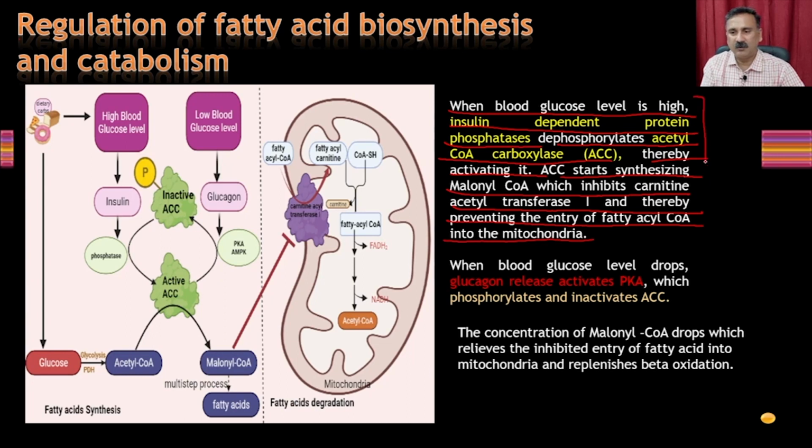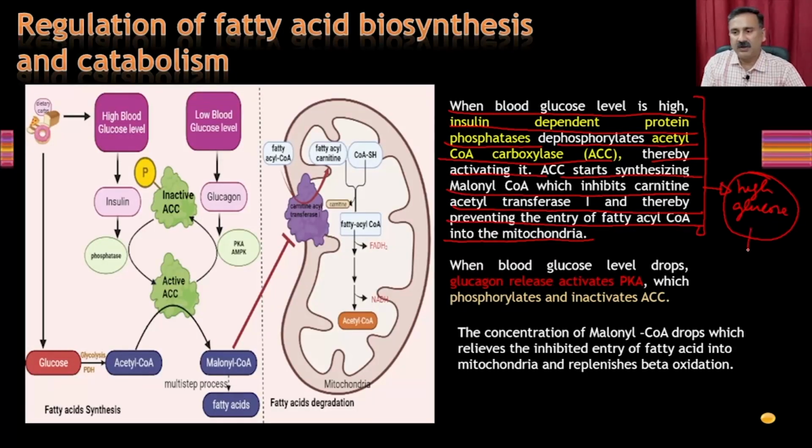This is very important to understand: when you have very high glucose, the high glucose is inducing the insulin dependent protein phosphatase activity, and as a result it is going to inactivate carnitine acyltransferase 1, the enzyme which couples carnitine to the fatty acyl CoA complex, and that's how it is going to inhibit the transport of the fatty acid into the mitochondria.